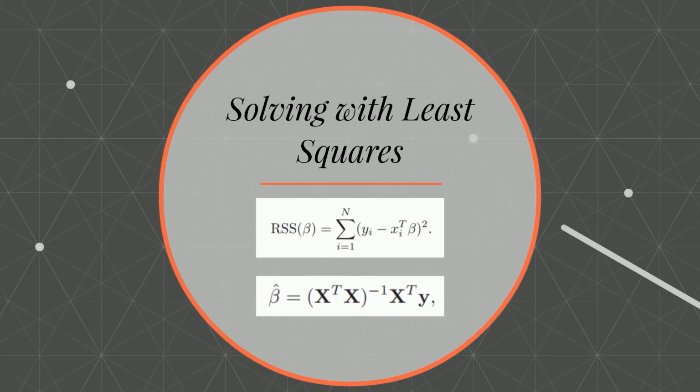So solving with least squares. Again, least squares is one of the best methods that we have to estimate our parameters beta from our training data. In this method, we first pick the coefficients beta to minimize the residual sum of squares, which we talked about in the previous video, learning linear methods for classification.